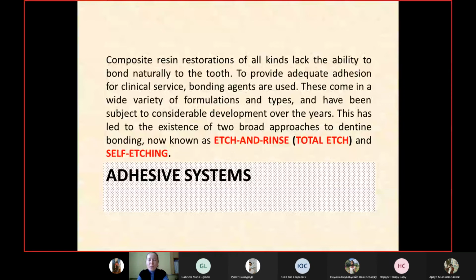And actually, the resin composites rely on adhesive systems for formation of appropriate bond. And nowadays we have two possible etching systems. It is total etch and self-etch systems.